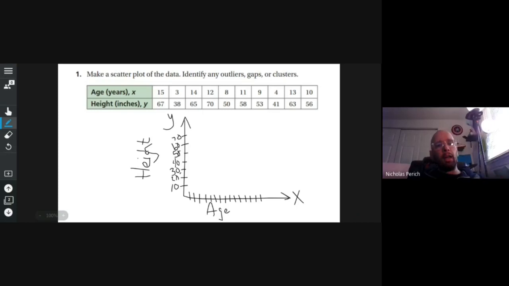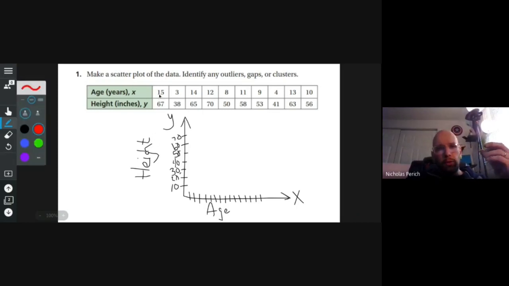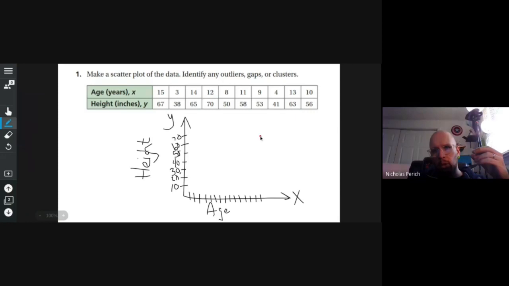And let's make some dots. 15 years, 67 inches. So 1, 2, 3, 4, 5, 6, 7, 8, 9, 10, 11, 12, 13, 14, 15. 67 inches is going to be right below 70. Is this going to be perfect?